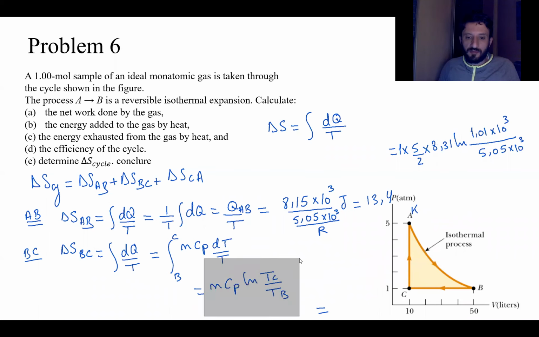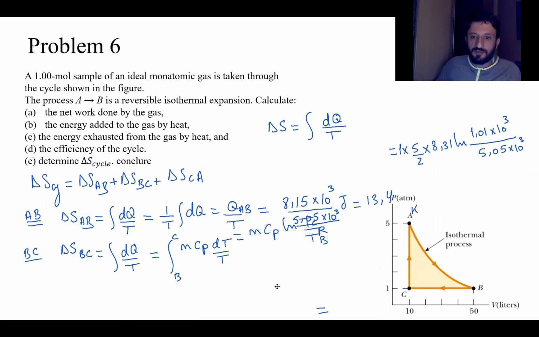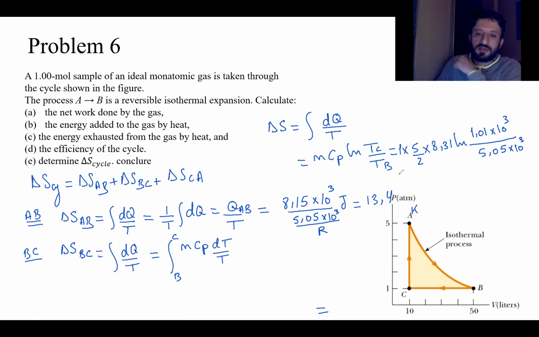Okay, here we have the calculation of delta S. We continue here. So delta S equals nCp, finally, nCp ln TC divided by TB.